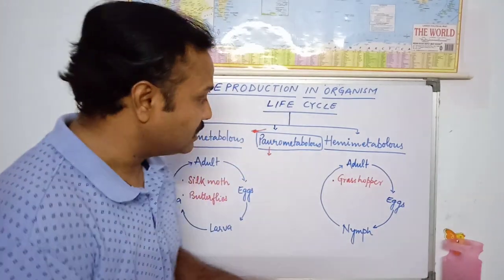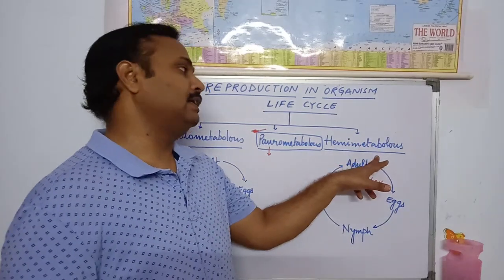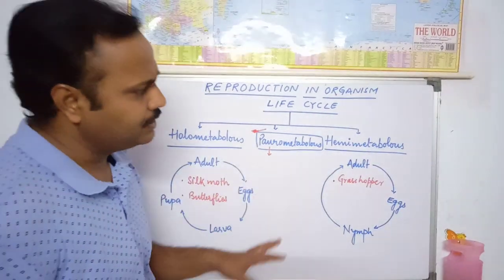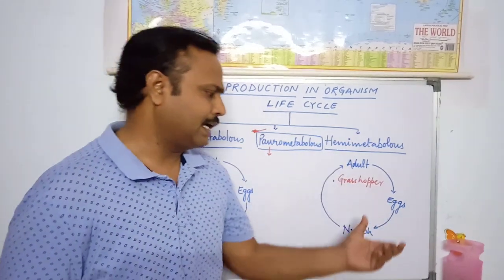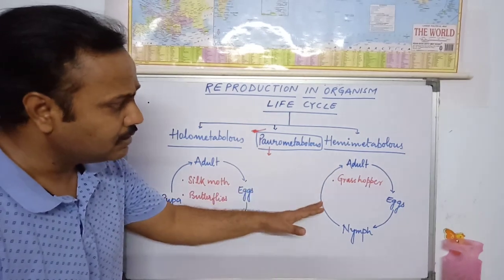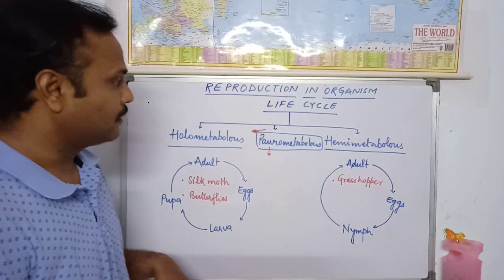So this is the basic difference between holometabolous and hemimetabolous. They have the three stages: adult, eggs and nymph, but nymph to adult it will take around 1 year, right?